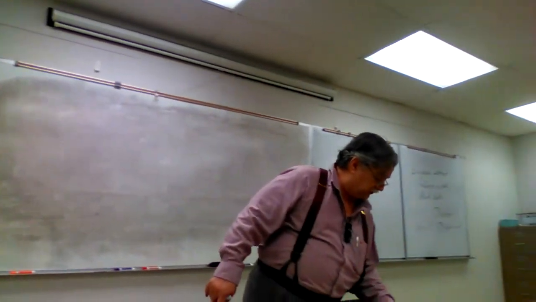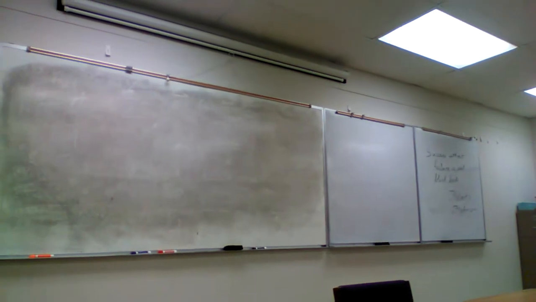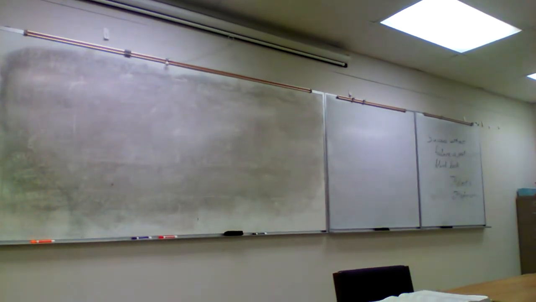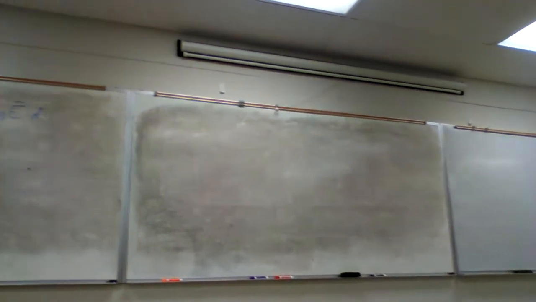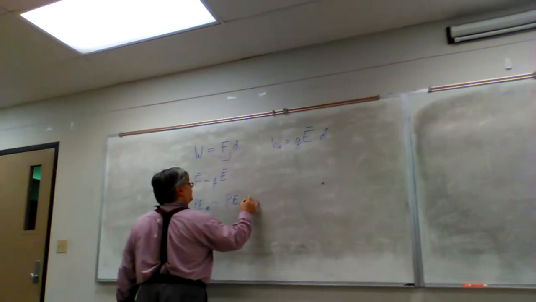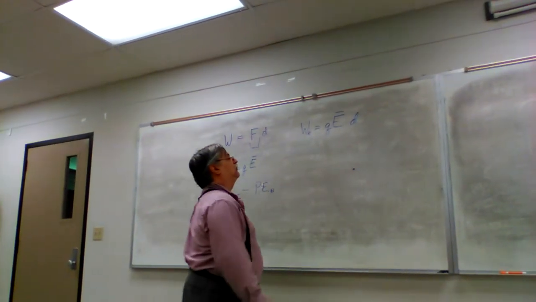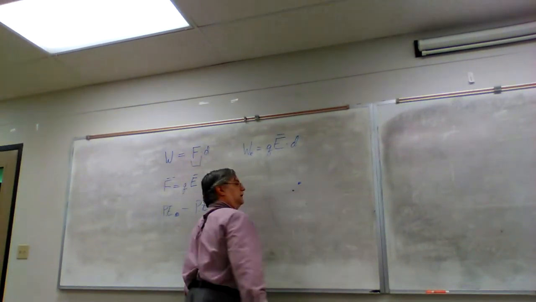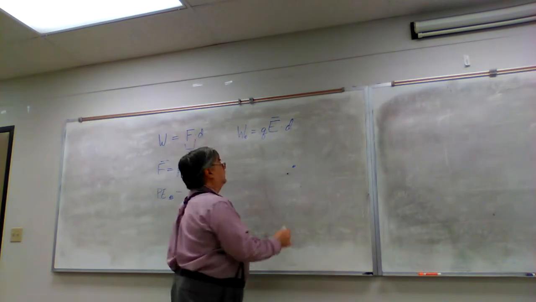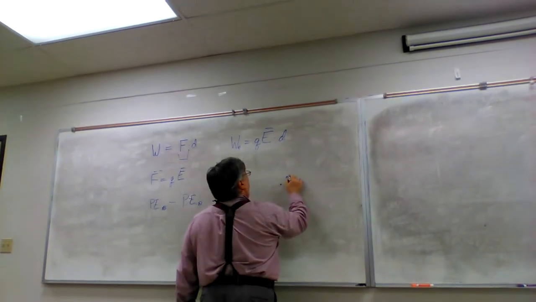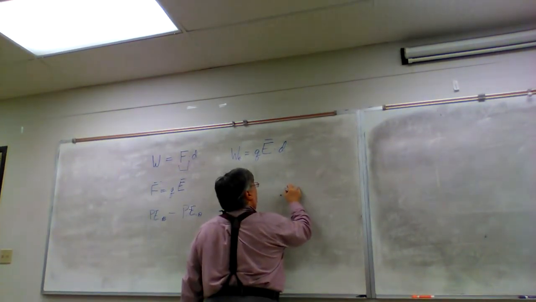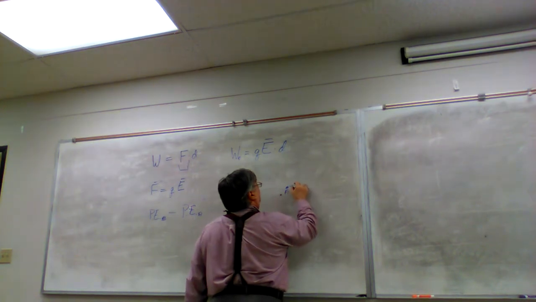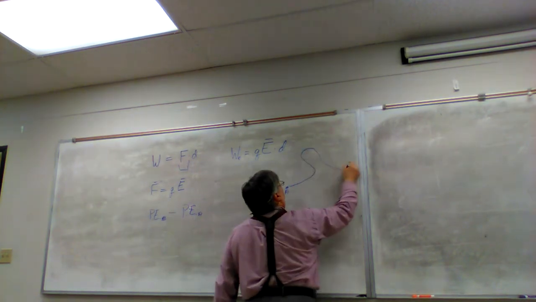Which way did they do the subscripts? Yeah, of course. They did them backwards. Point B minus the electrical potential energy at point A. What we're saying is we have a charged particle in some uniform electric field, and we move it from point A through some circuitous path.